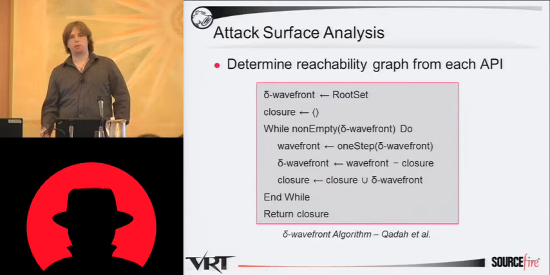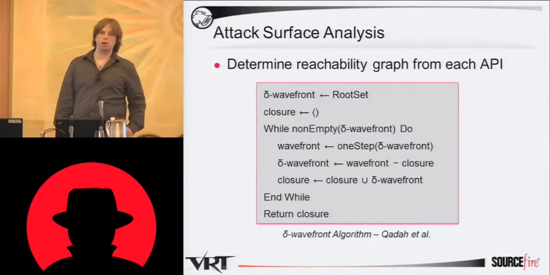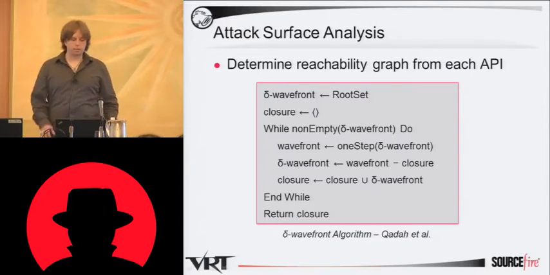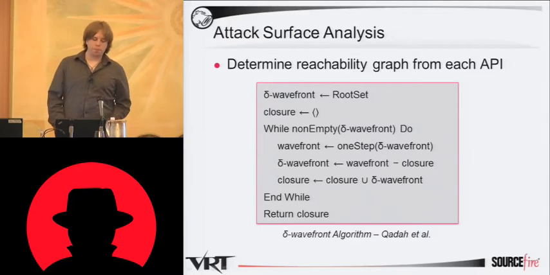So reachability is a problem. If you're going to determine which functions on this call graph are actually reachable from an input source or from a taint API, attack surface API, then you need an efficient way to do it.